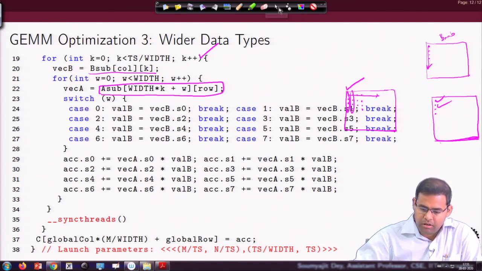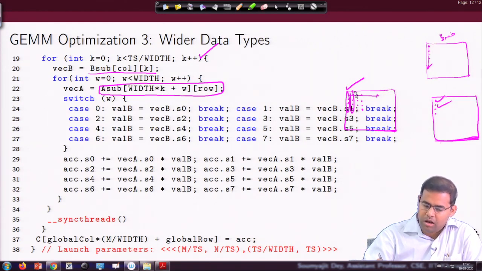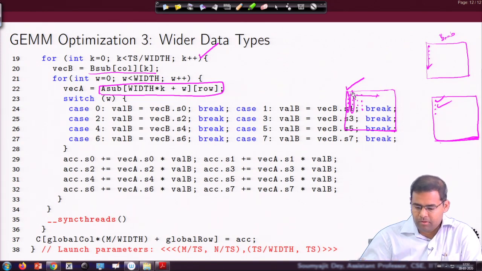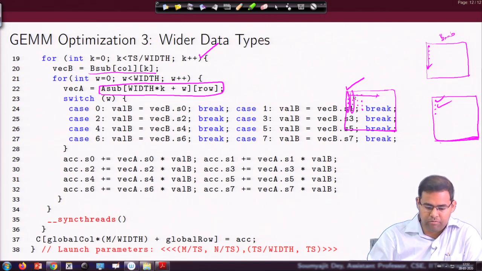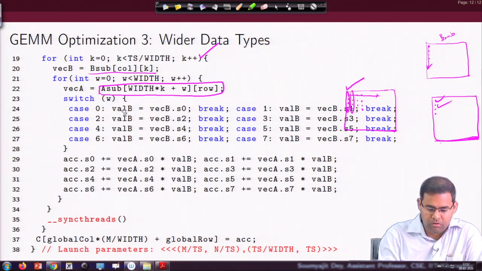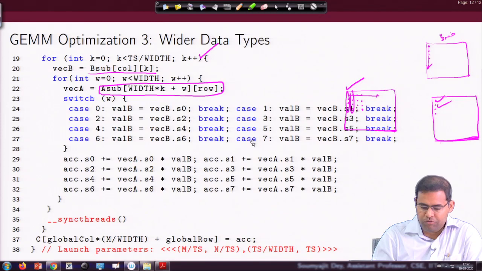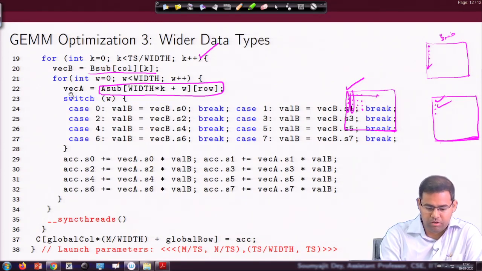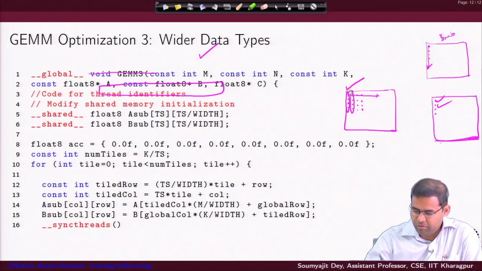So, here as I progress through this inner loop with respect to w equal to 0 through width, what really am I doing? In each iteration of this loop, I pick up one of these A sub values and then, for each thread, I am trying to sample out which component of this vector I would be interested in.